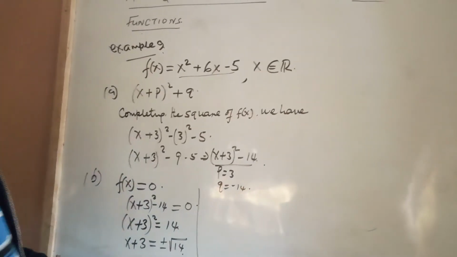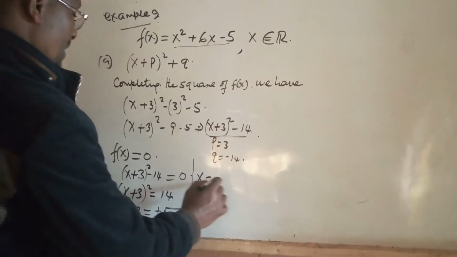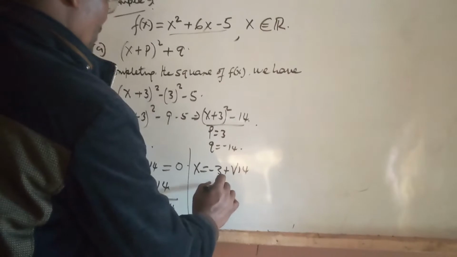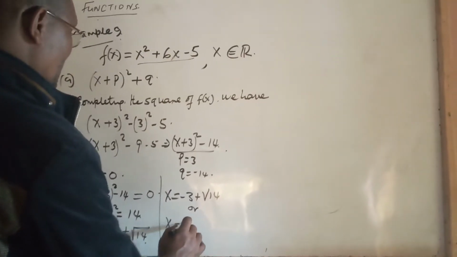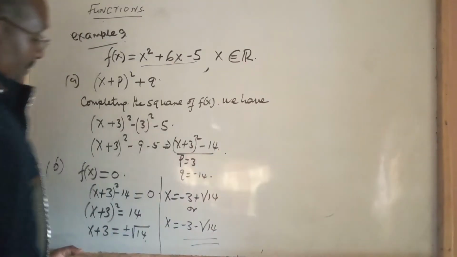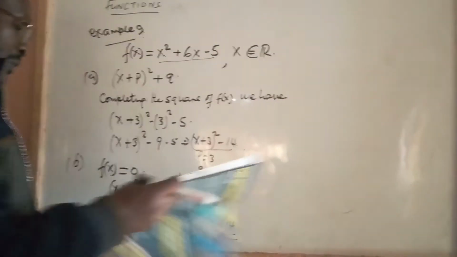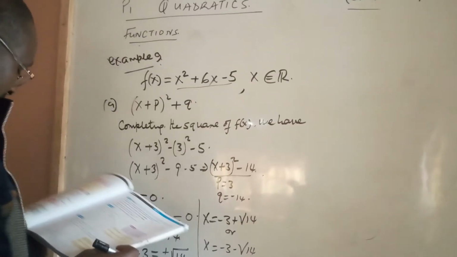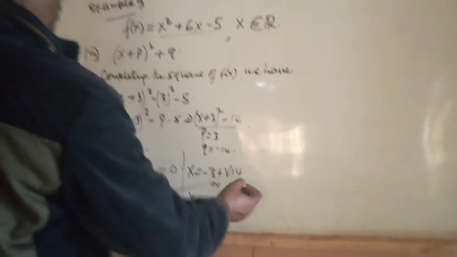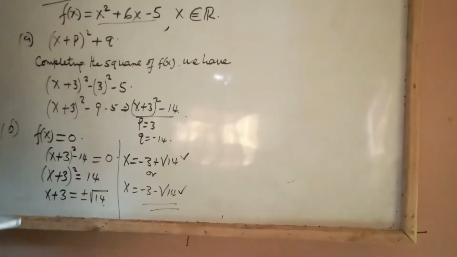The value of x now becomes minus 3 plus root 14, or x is minus 3 minus root 14. Those are the possible values of x. X has two roots, so it has that root and it has that root, so to speak.